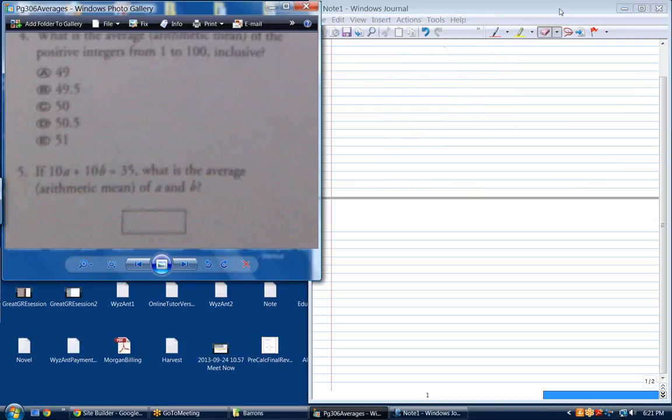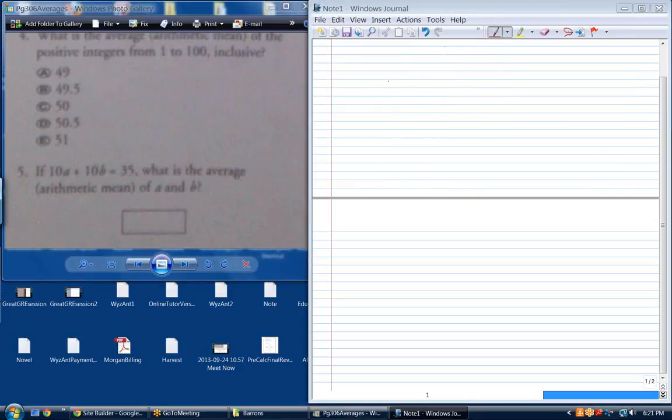Yeah, let's look at this one. We have 10a plus 10b equals 35. What is the average of a and b? So A and B together, or just A and B?